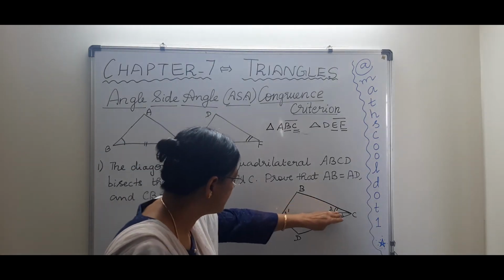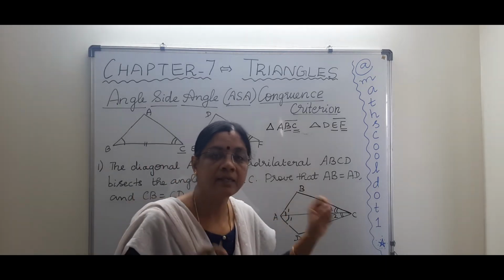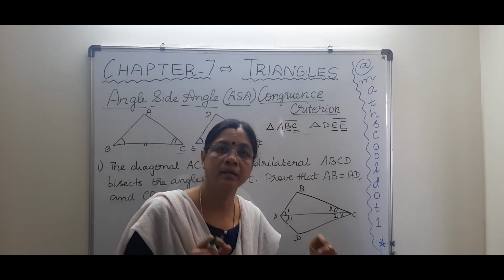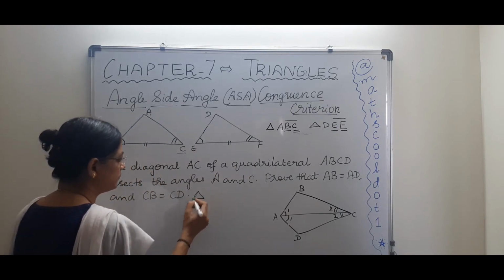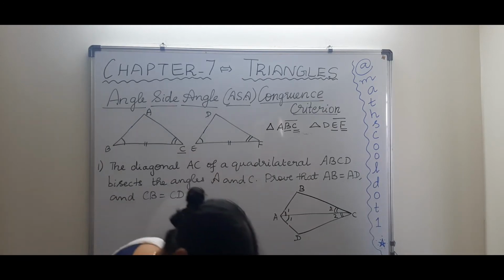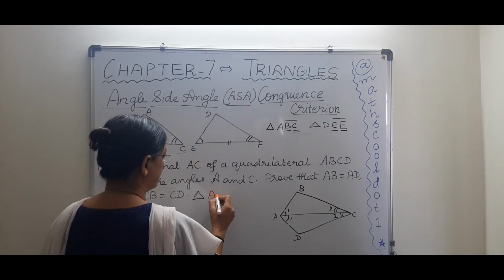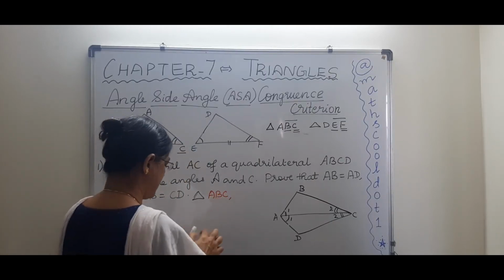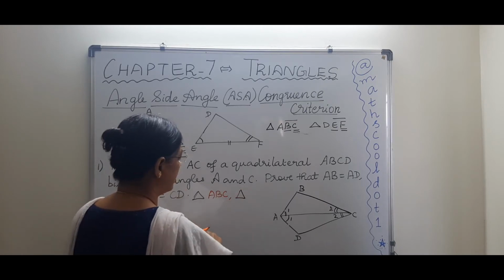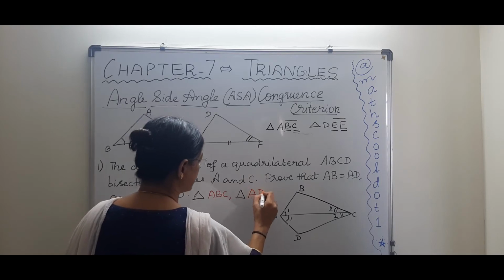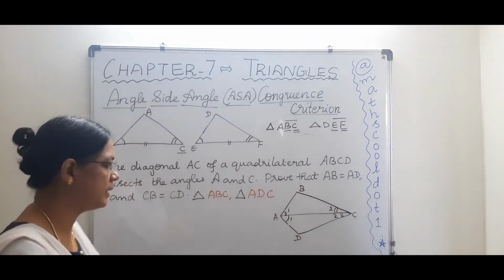When I observe, I have a triangle here, ABC, likewise ADC. Remember naming the triangles in correct order. So I have triangle ABC, and next is triangle ADC. ABC and ADC, that is how we name them.